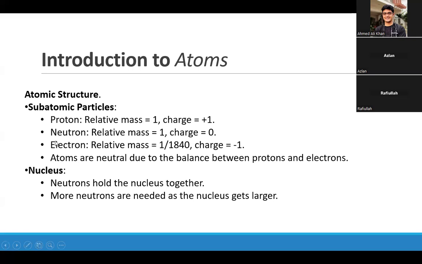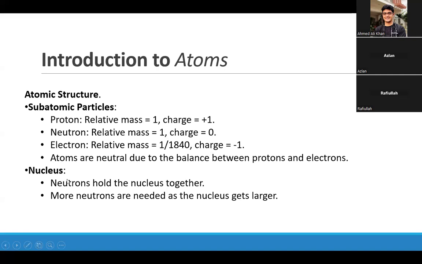Okay, that's right, perfect. So the mass of a proton is 1, okay? The neutron's is also 1, but the mass of an electron is 1/1840th the mass of a neutron. What does this mean? It means that if you have a box full of 1840 electrons, that box will weigh equal to one proton, or it will weigh equal to one neutron.